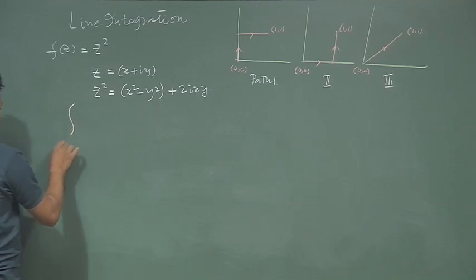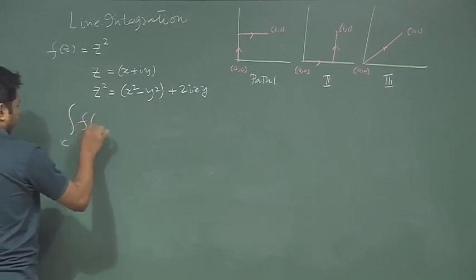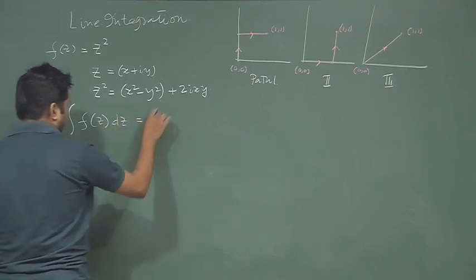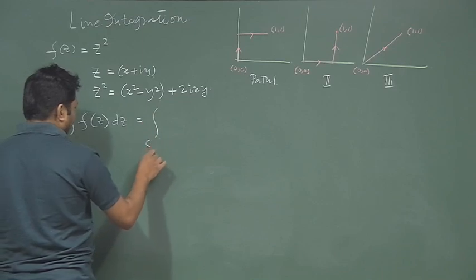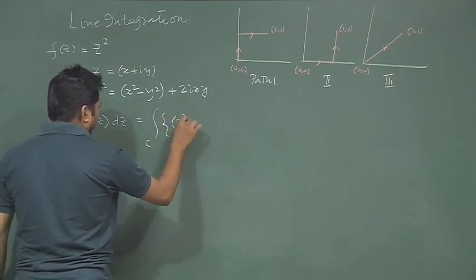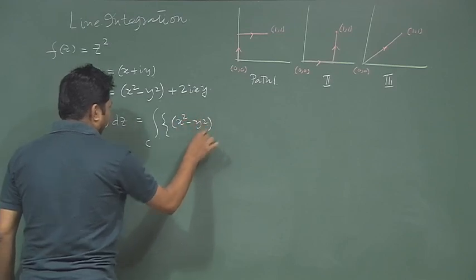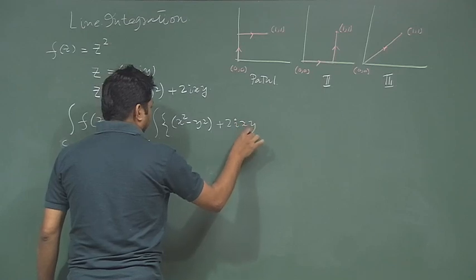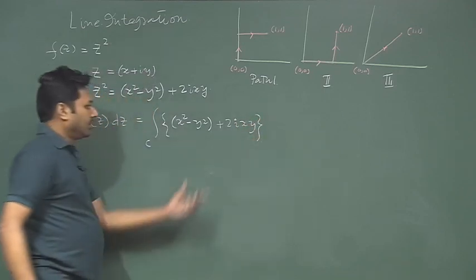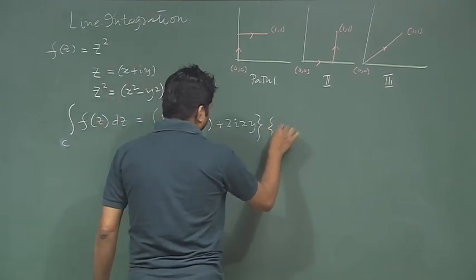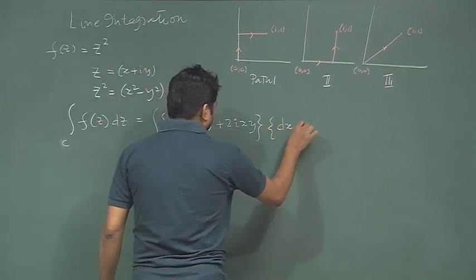So, now for path 1, the integral of f z dz is simply this quantity, x square minus y square plus 2 I x y, multiplied by dz, which is dx plus I dy.